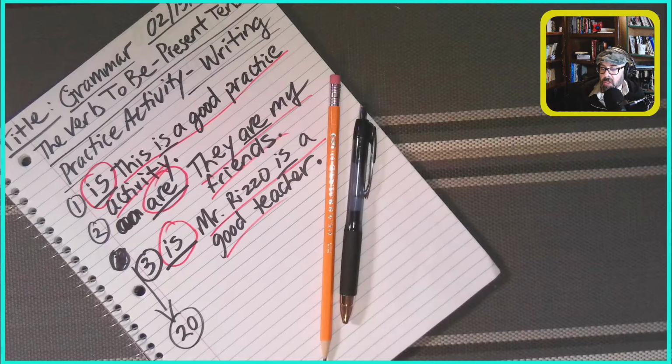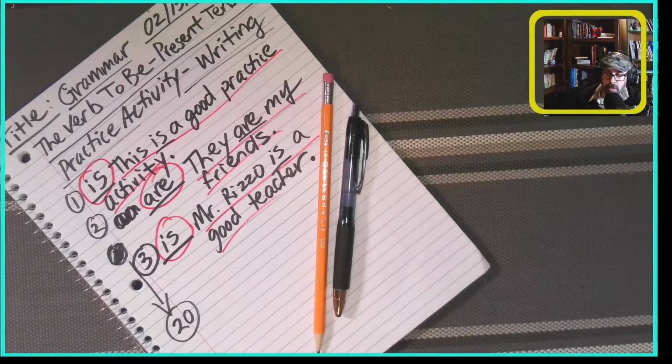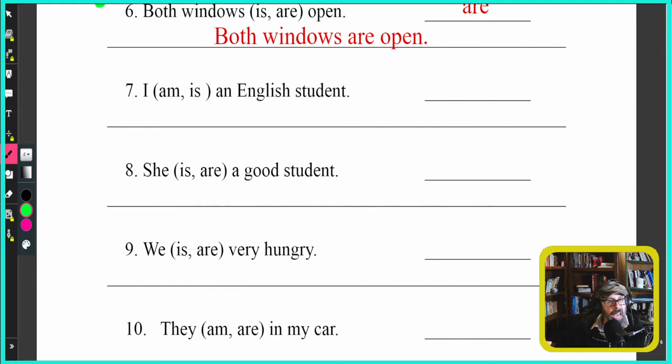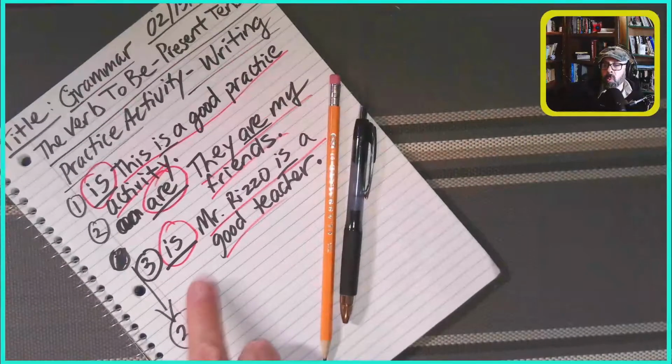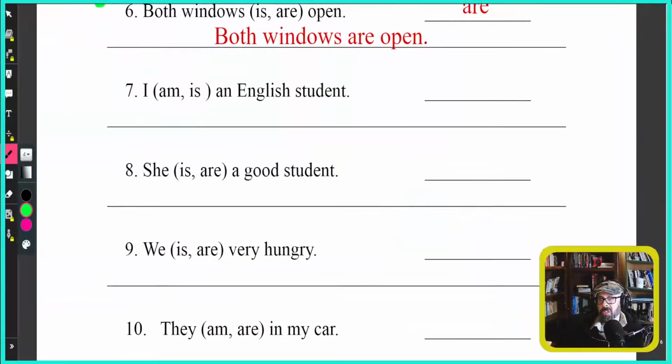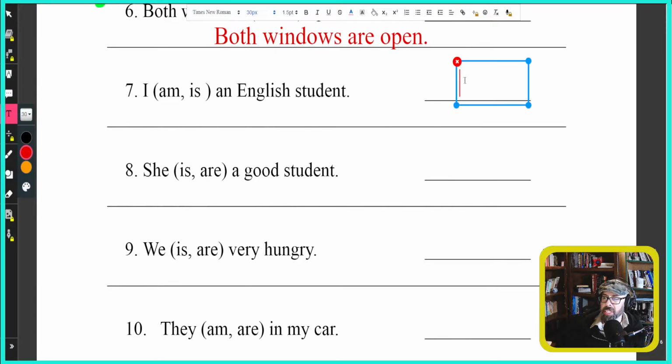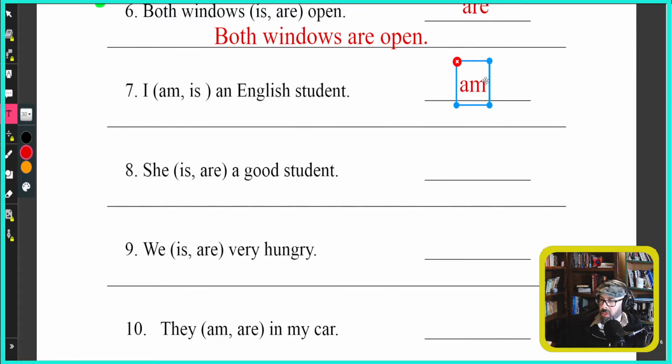You can write this in your notebook for number 7. I am or I is an English student? Am or is. Which verb is correct? Correct answer: I am an English student.